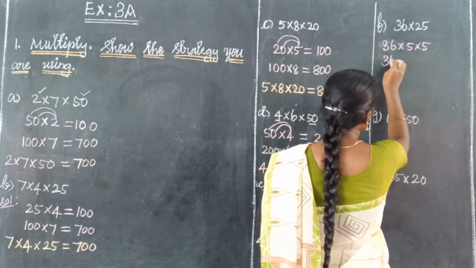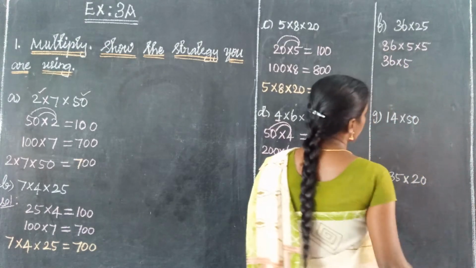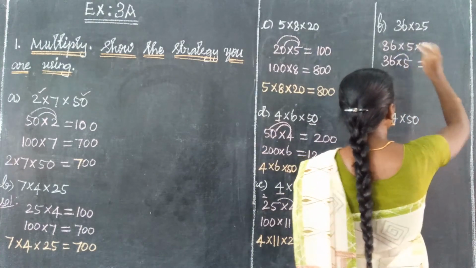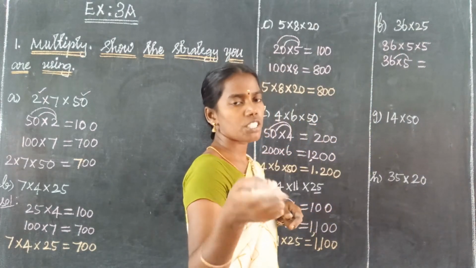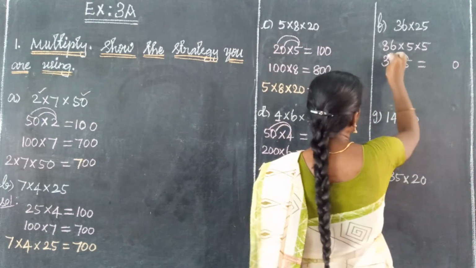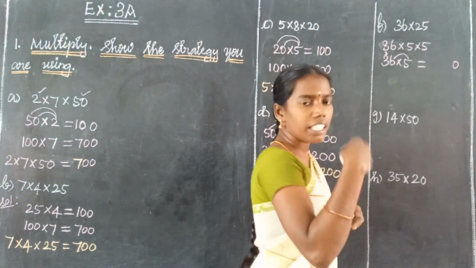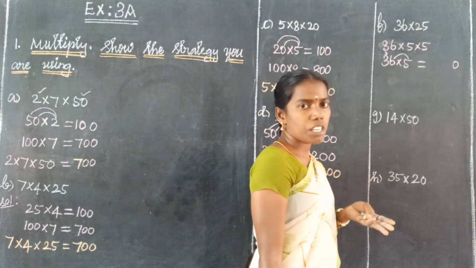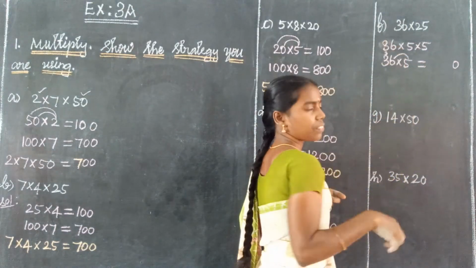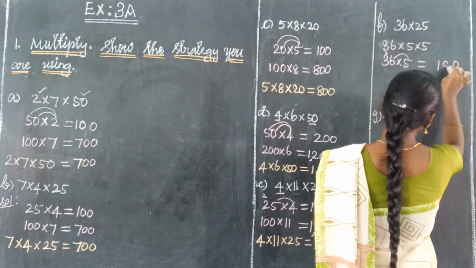First I am choosing 36 into 5. 6 5s are 30, so 0 and remaining 3. Then 3 5s are 15, or 5 3s are 15. So we can mention the 3 table 5 times or the 5 table 3 times. 3 5s are 15 plus 3 is 18.